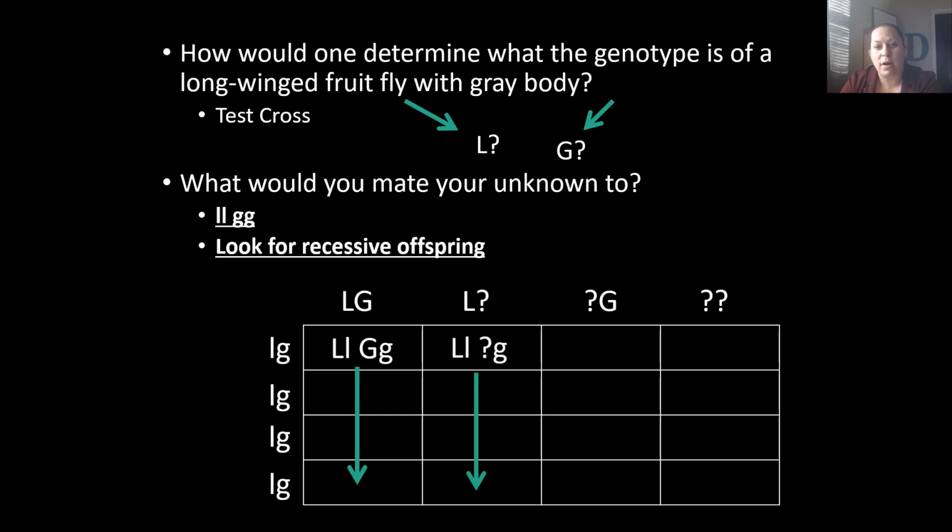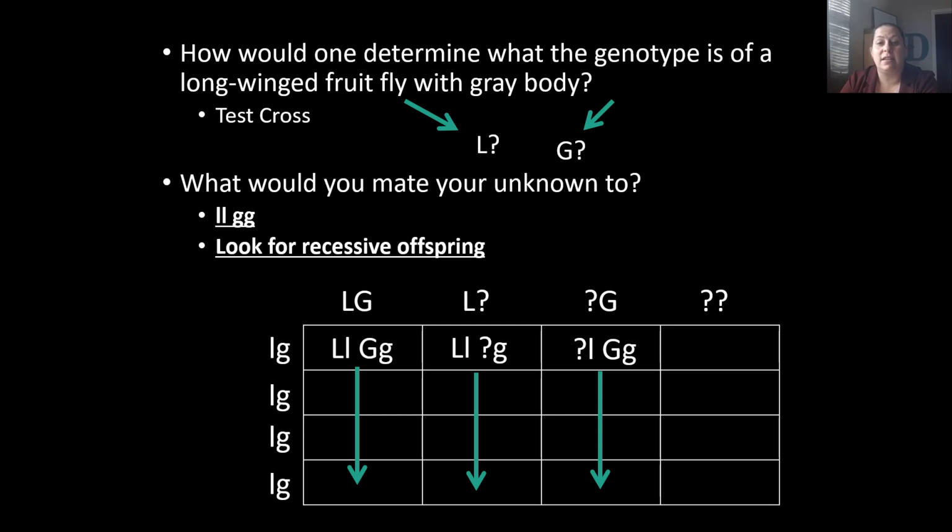If in this next one, I get recessive body color, then that means that this is long-winged and black-bodied. So that would be big G, little g for that particular trait. In the next column, I would also look for recessive. If there's two little L's, that would tell me that they have the big L, little l, which then means it would be heterozygous for the wing length.